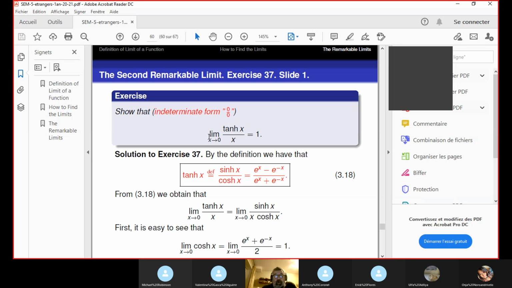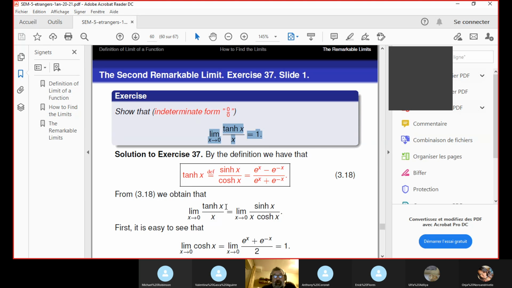So we want to show this limit, to prove this limit. Then we make use of this formula for hyperbolic tangent of x. It will be sine over cosine.